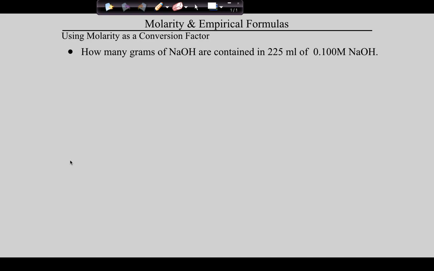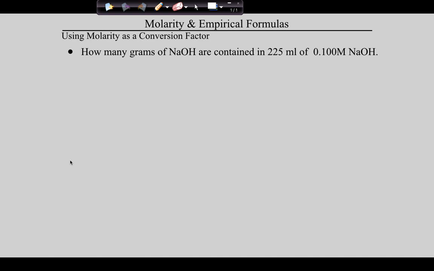So guys, these are the questions that now will allow you to make your own solutions. Because guys, this is what we're saying. Here is 225 milliliters of 0.1 molar NaOH.